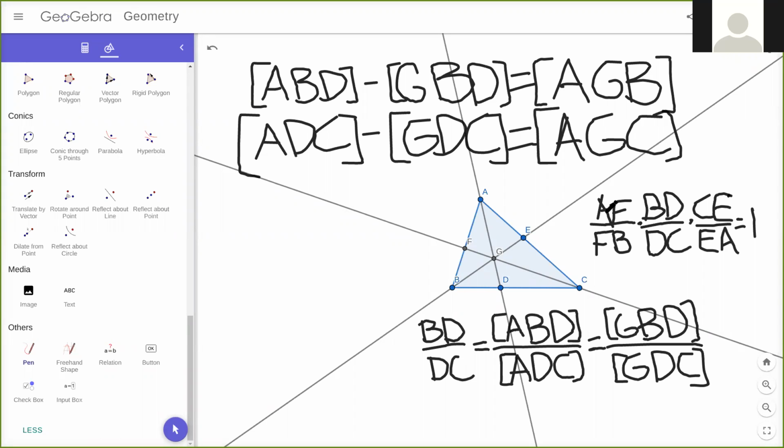Right. So one thing about fractions is that when this fraction is equal to this fraction, then when you subtract the numerators and the denominators, you get the same fraction.